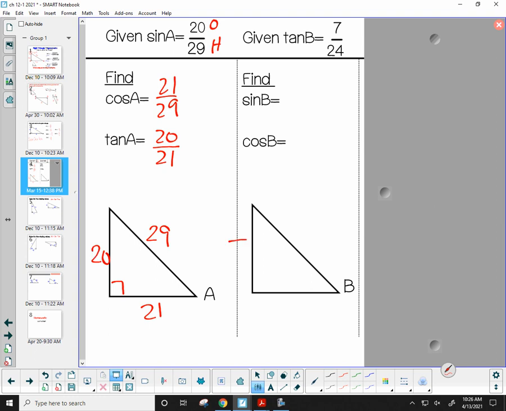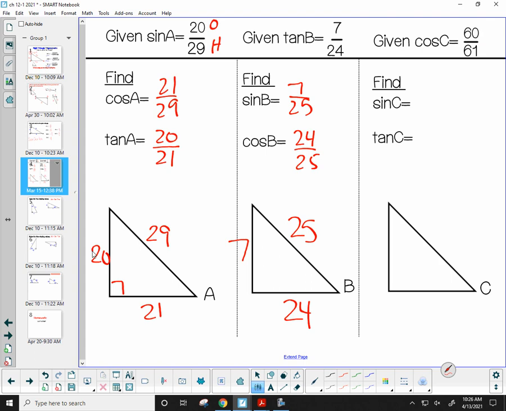So that's 7 is my opposite, 24 is my adjacent. What's my hypotenuse going to be? 25. Good. So the sine of B is opposite over hypotenuse, so 7 over 25, and the cosine is going to be 24 over 25.